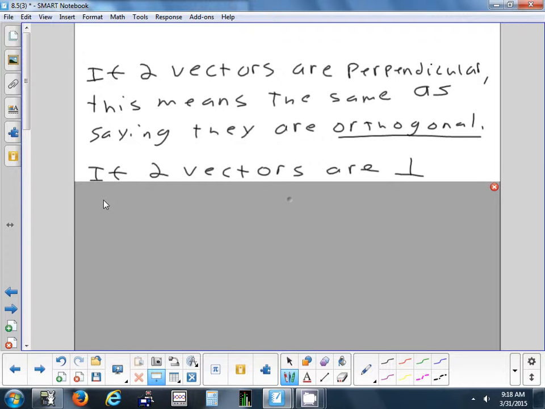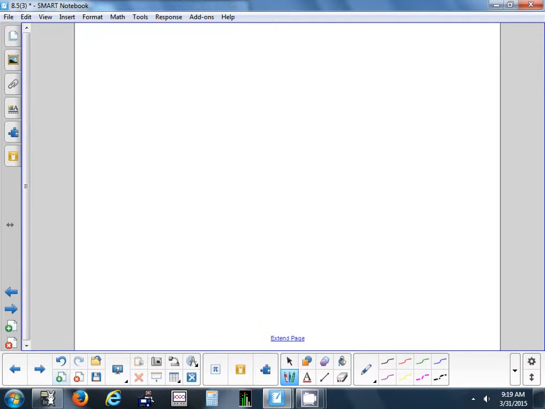I want to see what would happen if two vectors are perpendicular or orthogonal, in terms of solving for it in that formula. We just said that means the angle is 90 degrees.